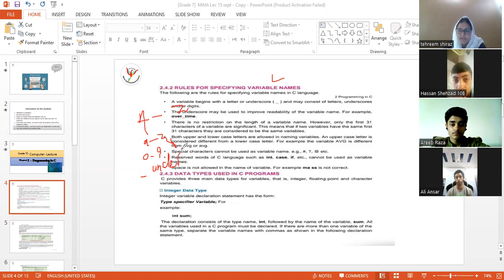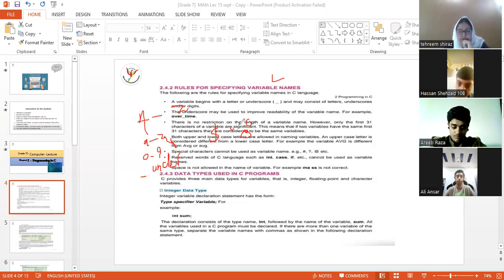While writing the variable name, the first rule is that we cannot use special characters. The special characters are like dollar, inverted commas, circle, or any special characters.